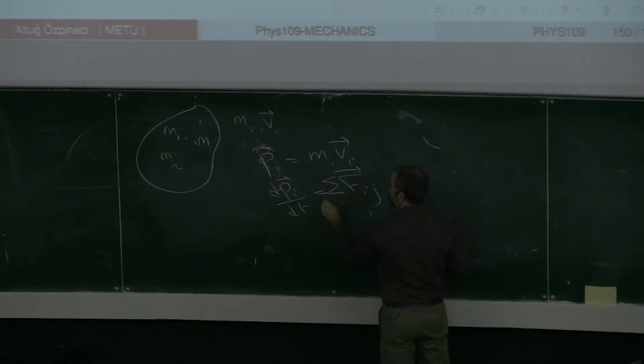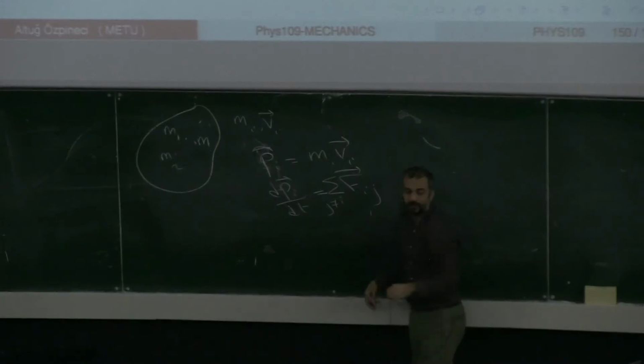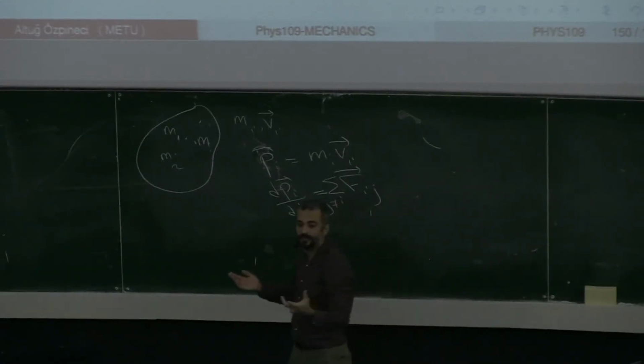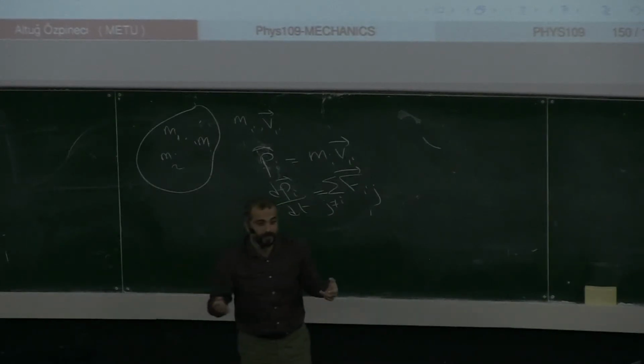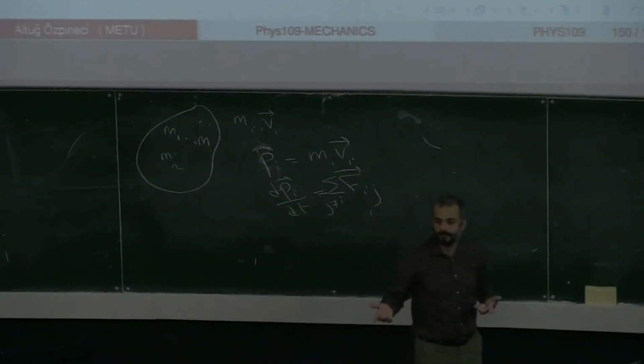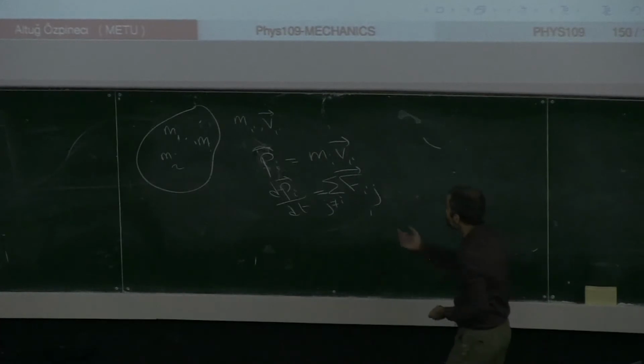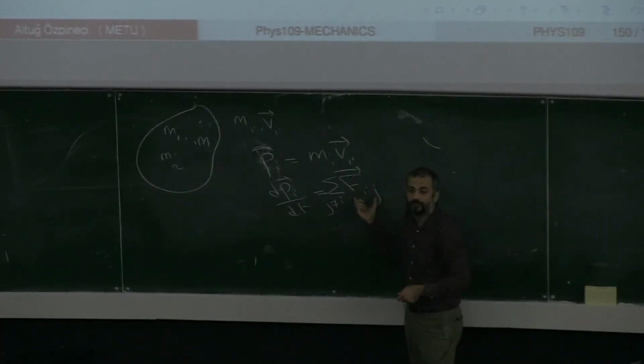You can just imagine a system of gravitating objects, for example the Earth and the Moon system. They both exert gravitational attraction on each other. So this is the force that they exert on each other.